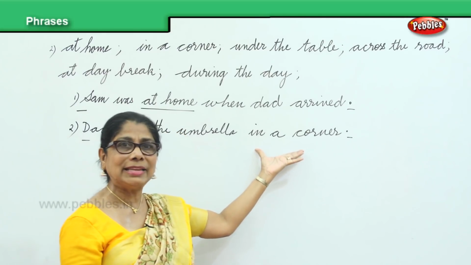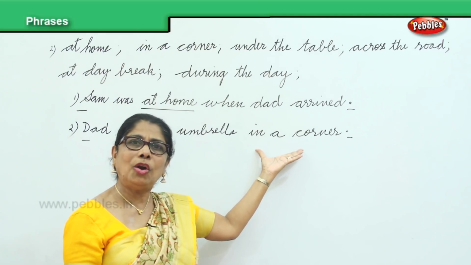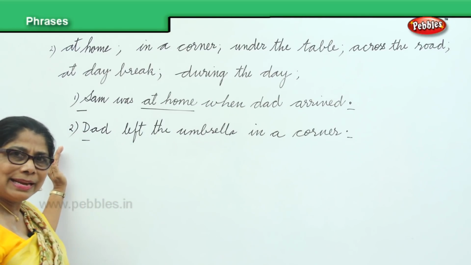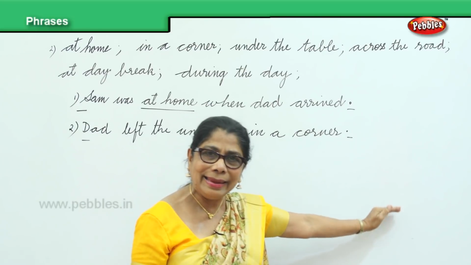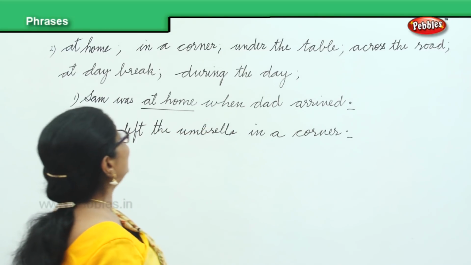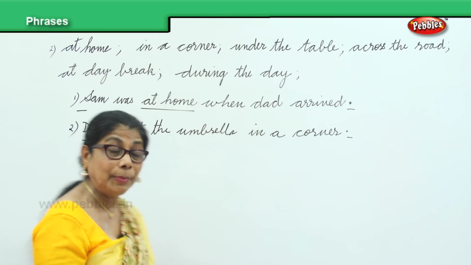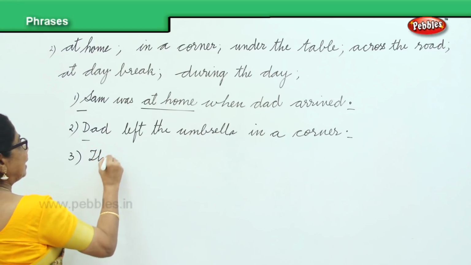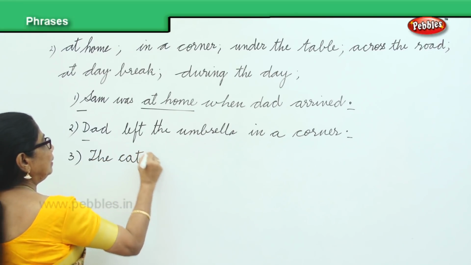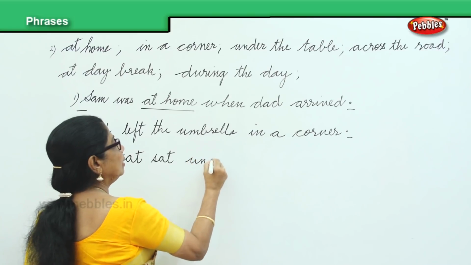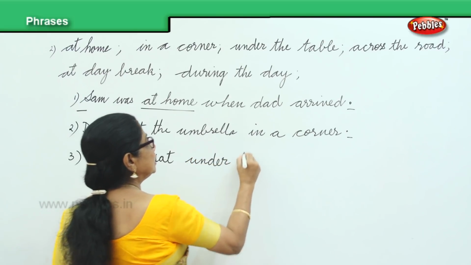In a corner by itself makes sense, but not a complete sense. So you add a few more words to begin the sentence with a capital letter and end with the full stop. What is the next group of words we have? Under the table. The cat sat under the table.